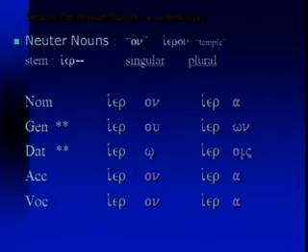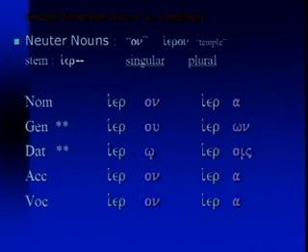Because notice in the genitive and in the dative, the same endings occur. U for the genitive singular, on for the plural. In the dative, o for the dative singular, ois for the dative plural. That's exactly the same pattern that we saw in the preceding breakdown for masculine nouns in the second declension. So make note of that.